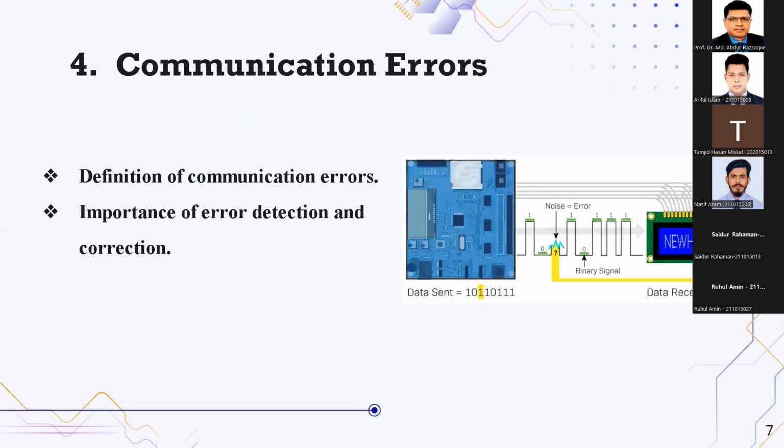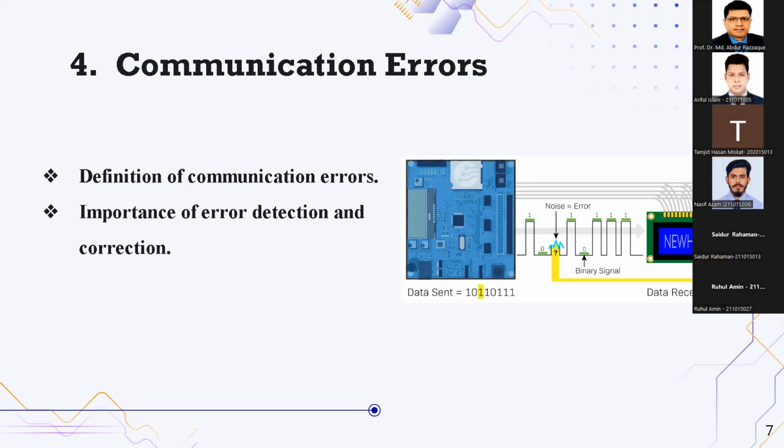Now I'll discuss communication error. Communication error is any disturbance or inaccuracy that occurs during the transmission of data between two or more devices or systems. This error can be caused by various factors like noise, interference, crosstalk, etc. For example, in this picture, we see the sender sends 10111011, but the receiver receives 1001011.